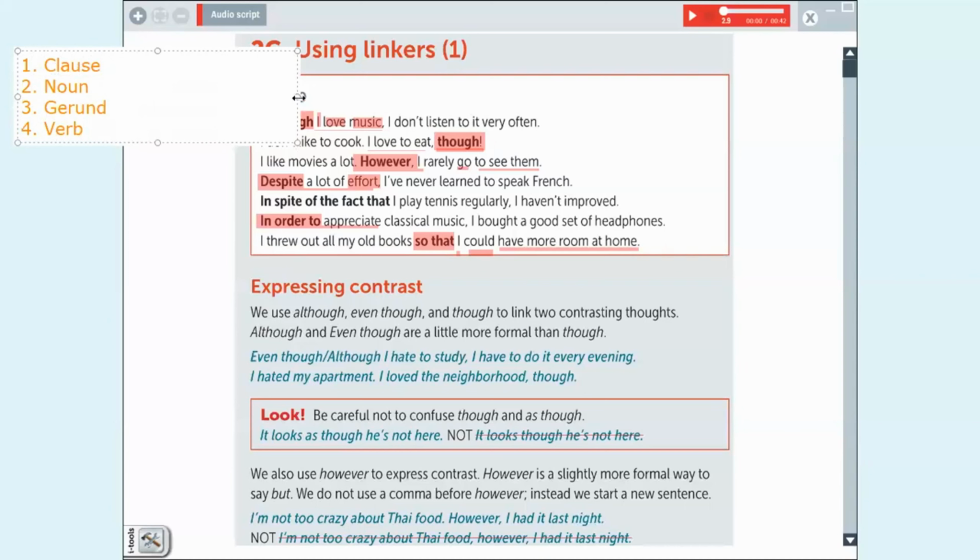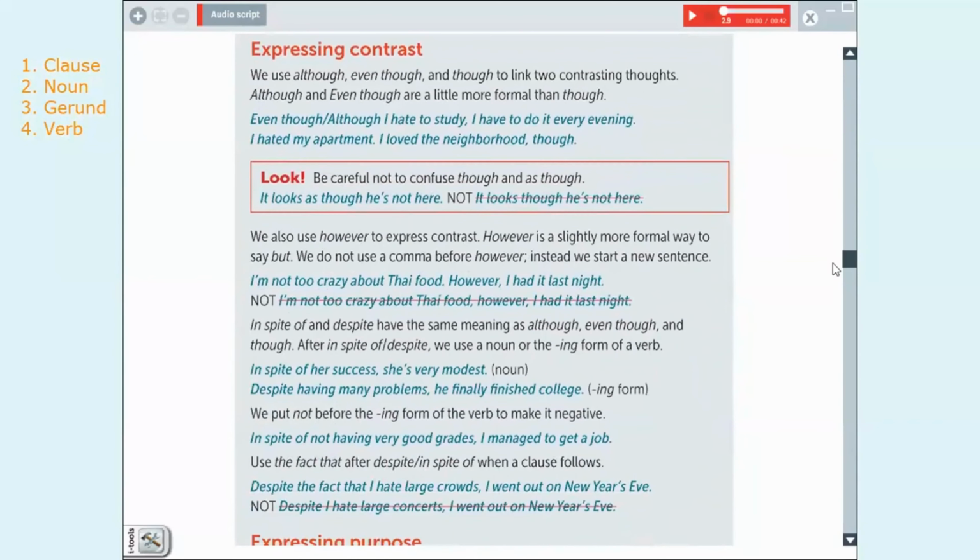Those are the 4 types of information that we need to recognize in our sentences, because each linker has a particular situation. Not all of them can be used directly with verbs. Not all of them can be used directly with gerunds, etc. So if we start with contrast, we use although, even though, and though to link 2 contrasting thoughts. Although and even though are a little more formal than simply though.